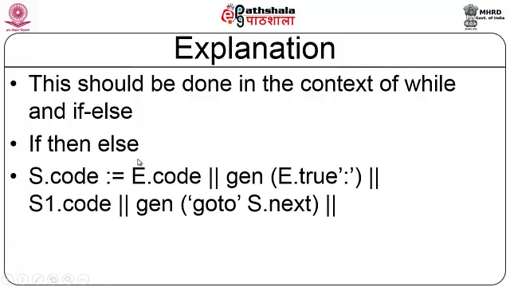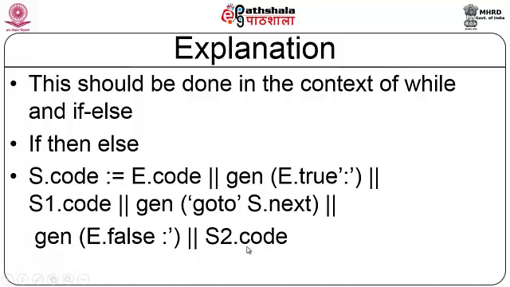So if then else, this is how it is going to look like. Generate E dot true, S1 dot code, and then you have to have a go to S dot next, E dot false, and then you have to have code for S2. Now for a while there will be a complete go to after this.